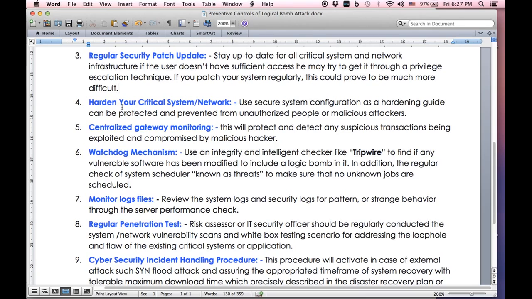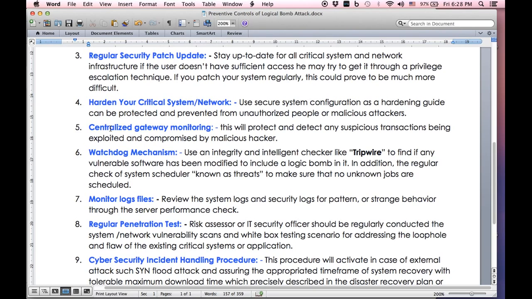So security hardening will harden whatever is involved with the loophole, vulnerability, or flaw of the system to make sure the attacker cannot compromise based on the best practice known for loopholes. So security hardening can help the system to minimize all the chance of attack.